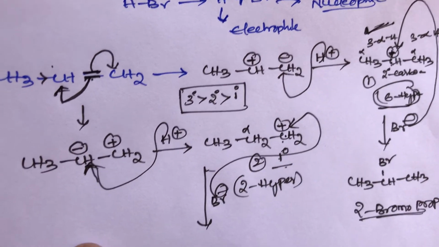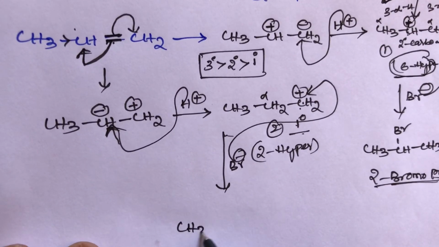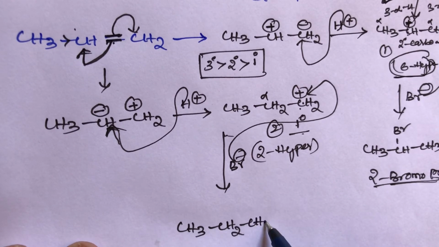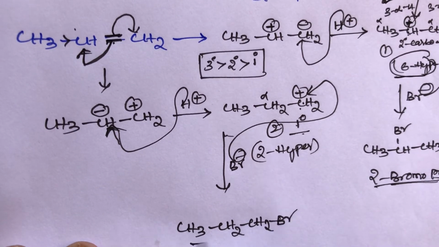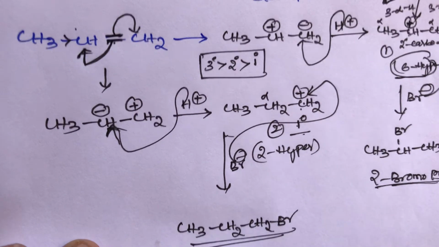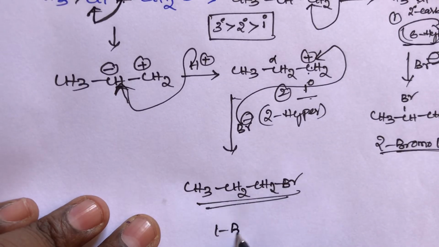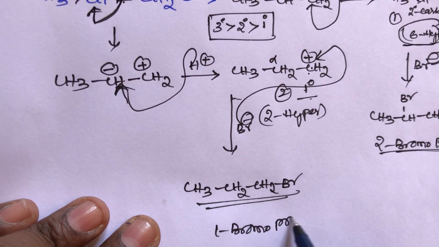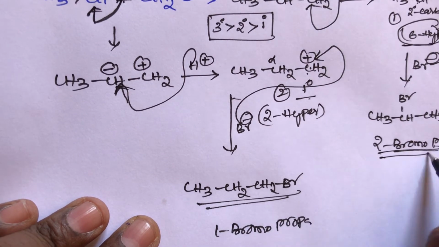We get the product CH3 CH2 CH2Br as the final product. So this is 1-bromopropane, and this is 2-bromopropane.